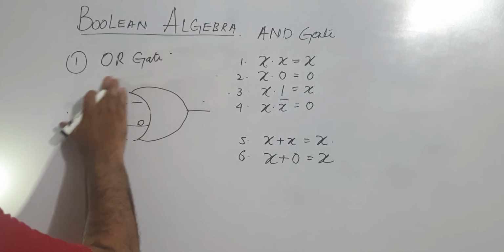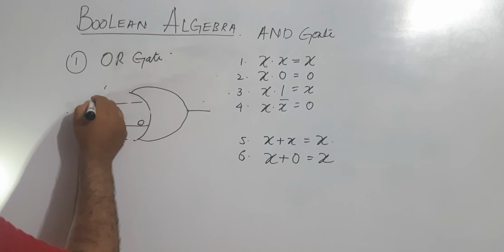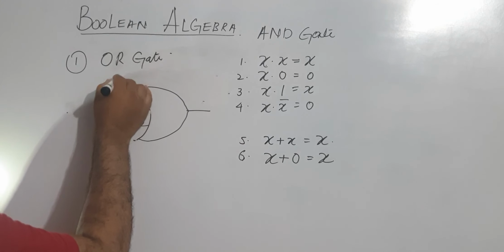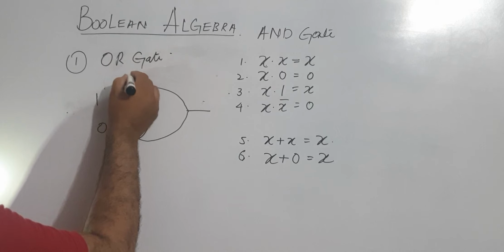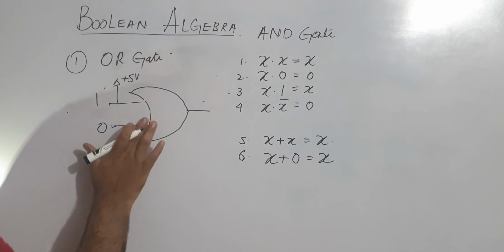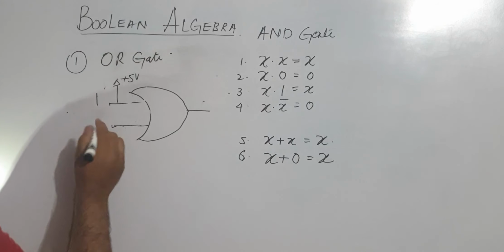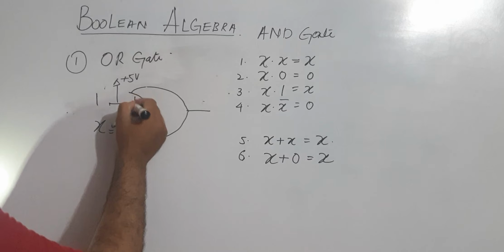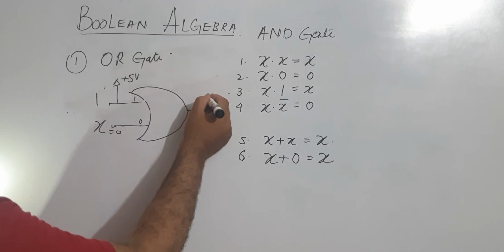Next, we may have this situation: if we permanently connect this input with 1, meaning connect it permanently with plus 5 volts, let's see what happens to the second input. Let's say the second input is x. Now if x is equal to 0, this is 1 and this is 0, 1, 0, output is 1.